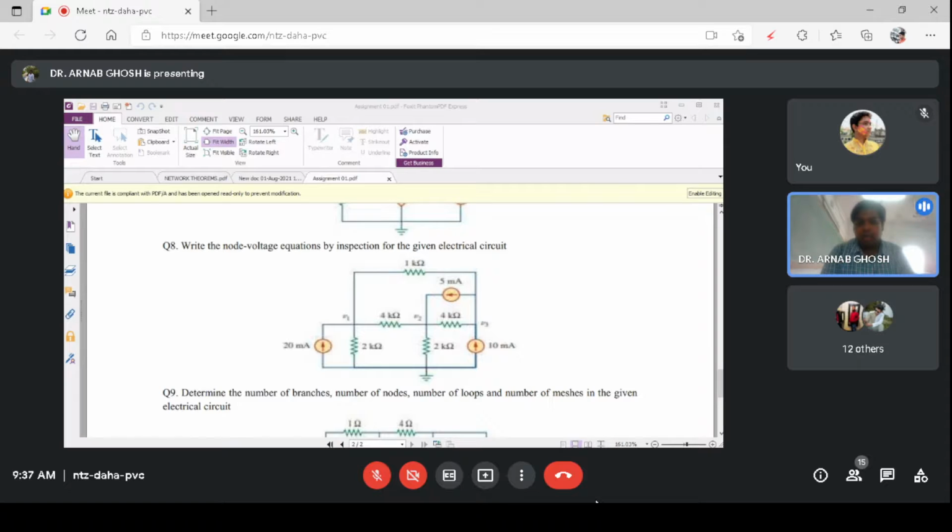Equation that you have got, tell me, what is the equation that you have got? Sir, the final equation at node 3 is 4v1 plus v2 minus 5v3.